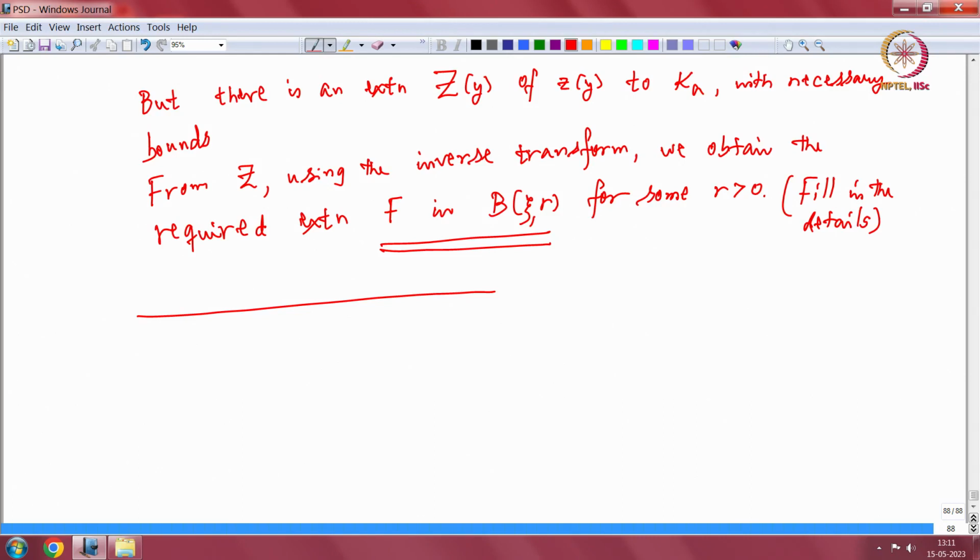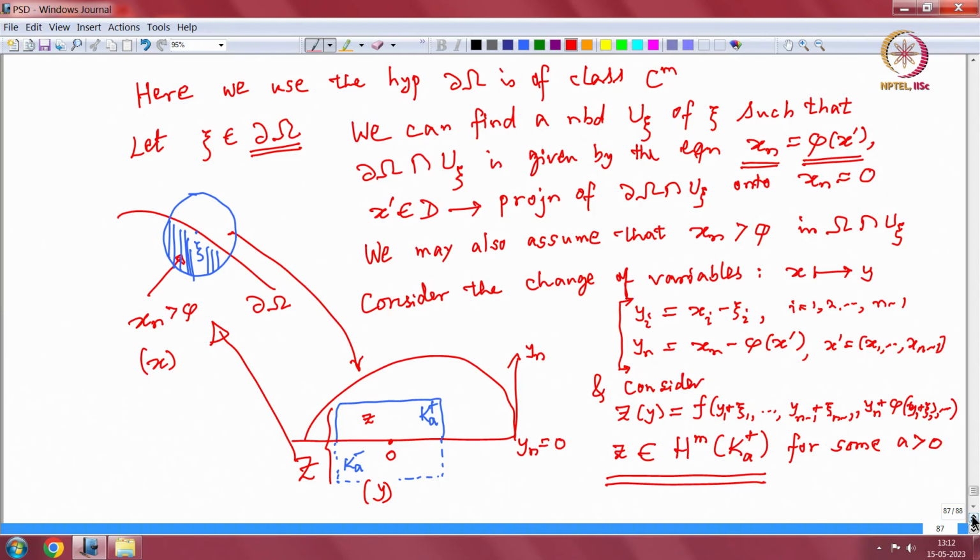Okay, so for our purposes, this assumption on the boundary that it is of class C^m includes many domains of interest like sphere, ellipse, cone, cylinder, and union or intersection of two balls, all those things. So this assumption covers a large number of interesting domains.